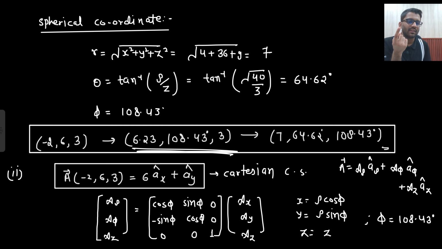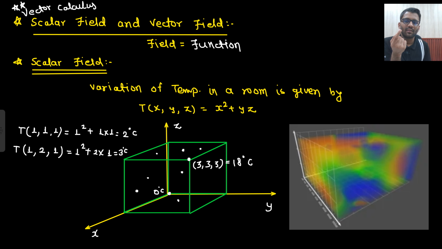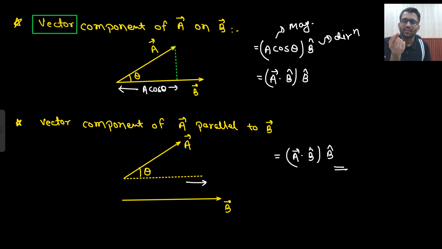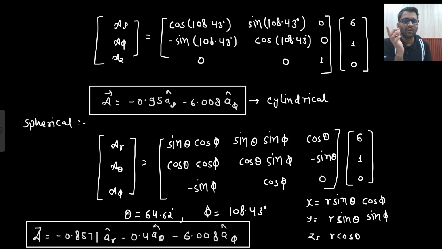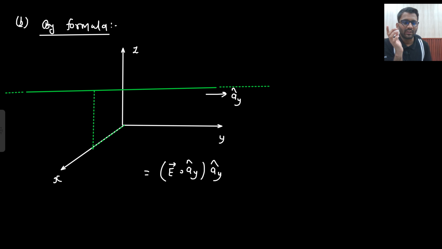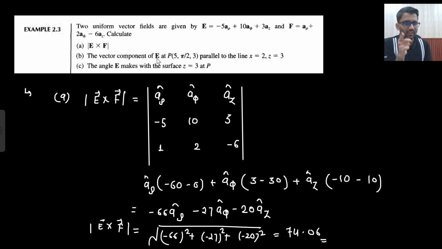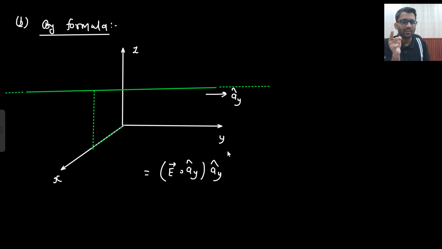Do you remember this thing? Vector component of vector A on vector B, or in the direction of vector B, parallel to vector B. So A dot B cap, then B cap direction also you need to tell because they are asking for vector component. So vector component of E is E dot ay, and for the direction I need to put ay cap.